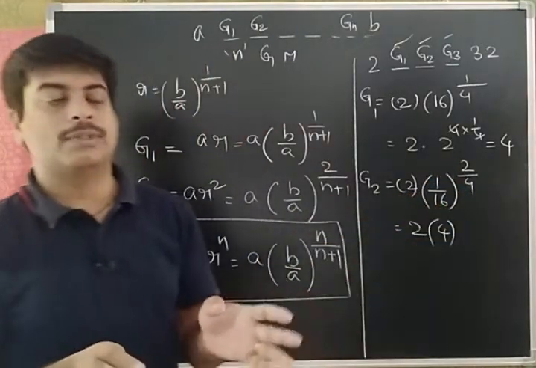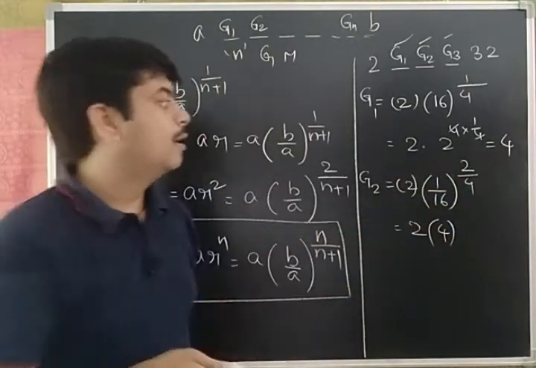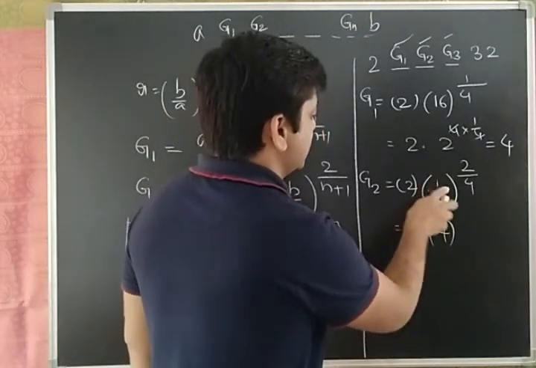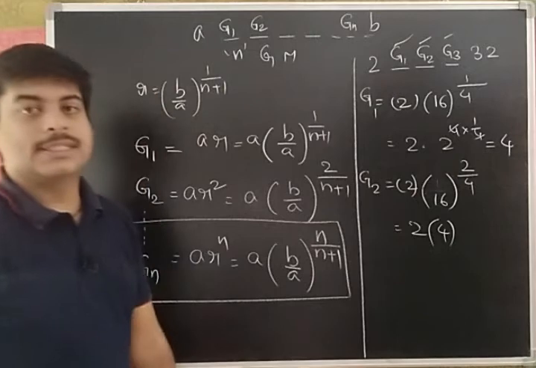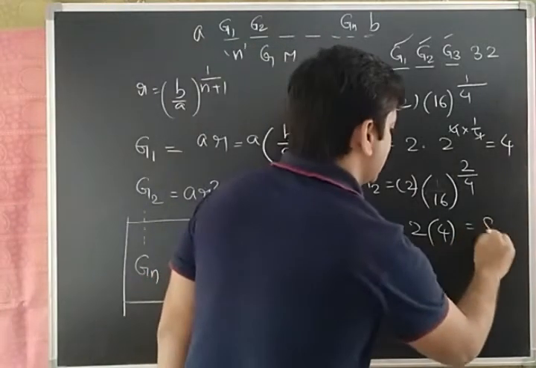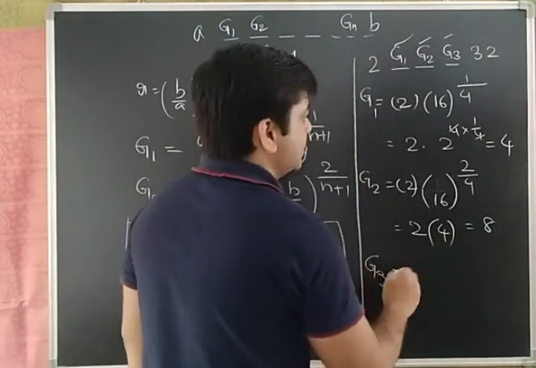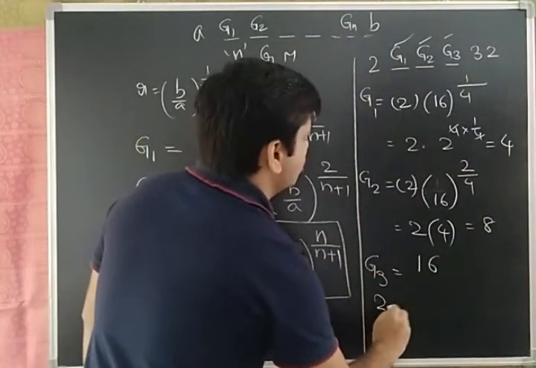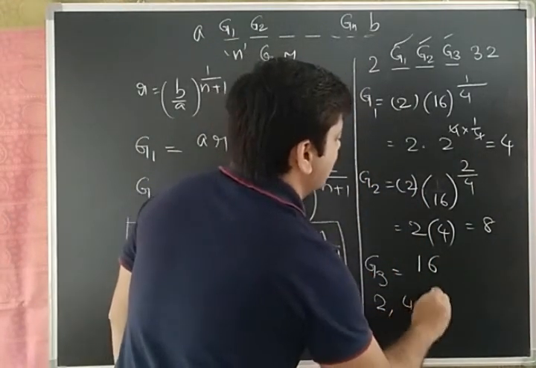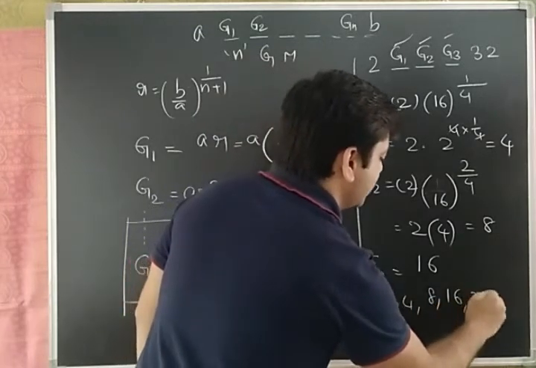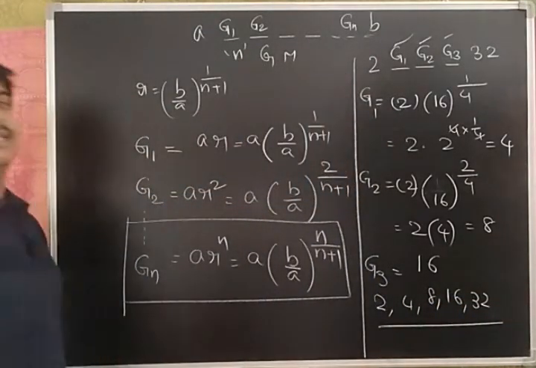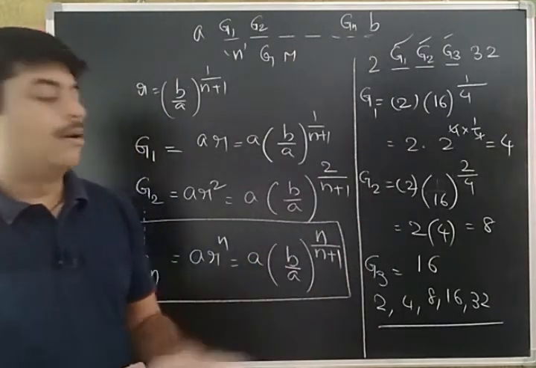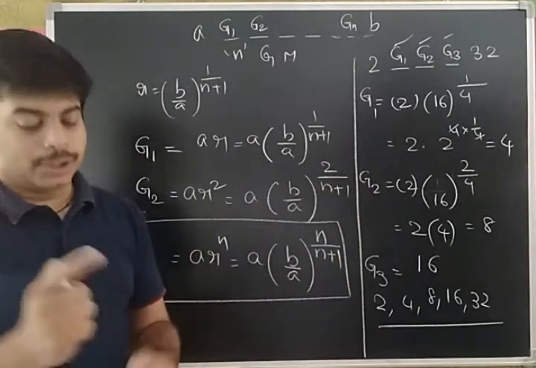That means square root. Square root of 16 is 4. Sorry, I made a mistake earlier, it's not 1 by 16, it's just 16. From there you get the value of 8. And G3, if you calculate the same way, 4, 8, that gives you 16. So it is 2, 4, 8, 16 and 32. And if you carefully check, all these numbers will follow geometric progression.